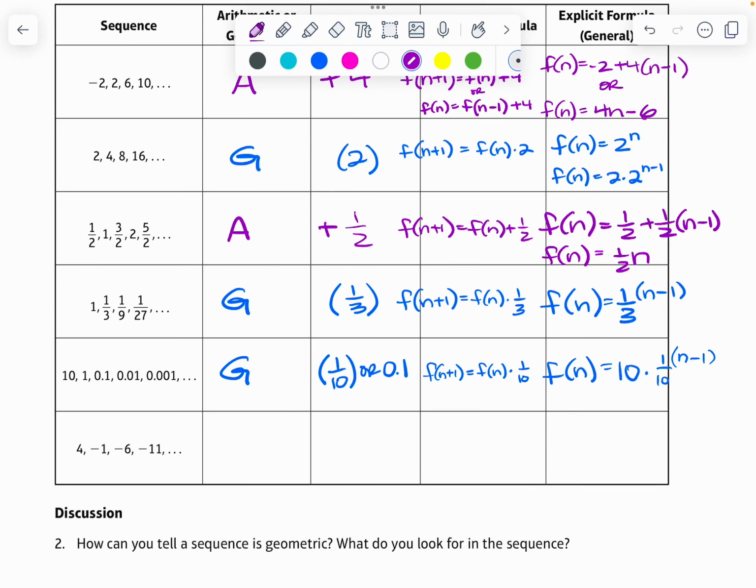All right, and this last one. It's getting smaller. Oh, it's getting smaller consistently by a -5. Arithmetic. I'm going straight to the simplified answer.